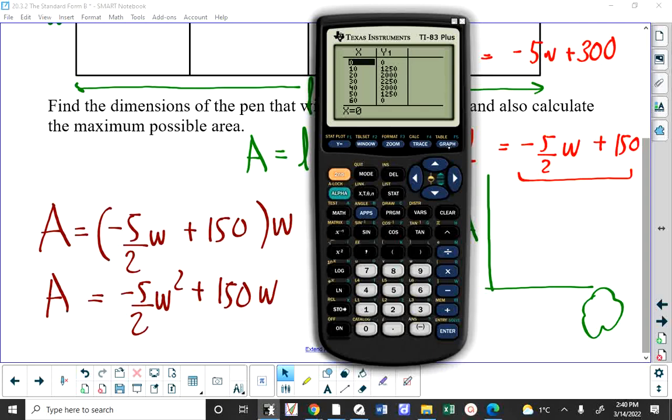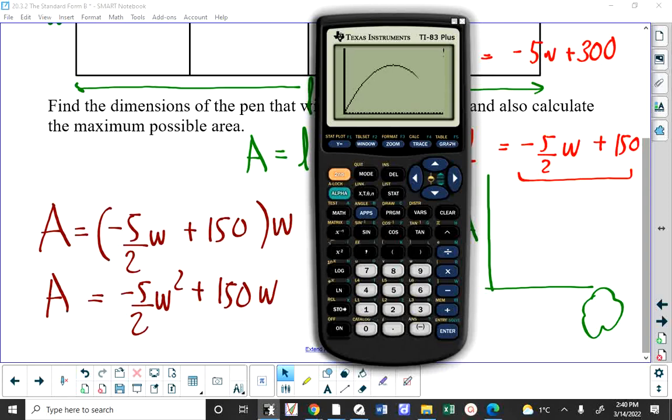Let's go from 0 to 60 for x and from 0 to 3000 for y. Yeah, that wasn't a very intelligent zoom setting when it went zoom fit. It just looked at a little piece. That table's a real lifesaver.